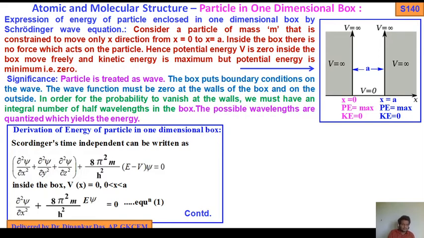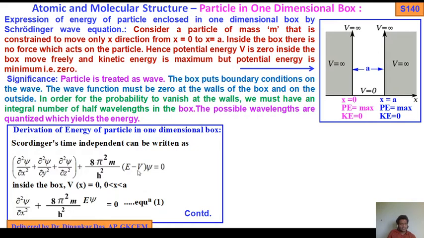In three dimensions it can be written as del square psi by del x square plus del square psi by del y square plus del square psi by del z square plus 8 pi square m by h square (E minus V) psi equals 0. Here it is h square, not h bar, since h bar equals h by 2 pi.